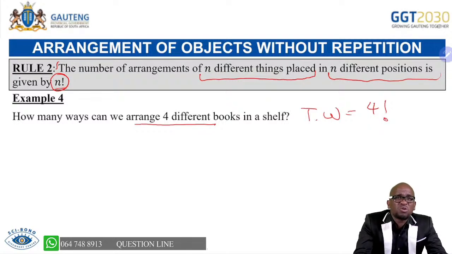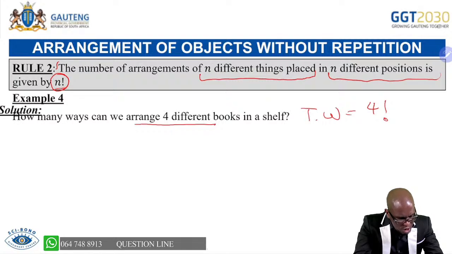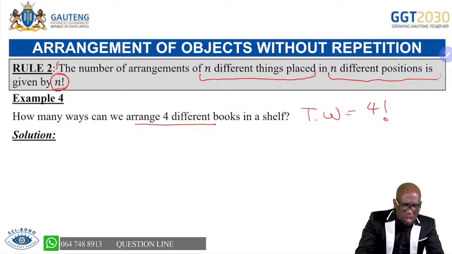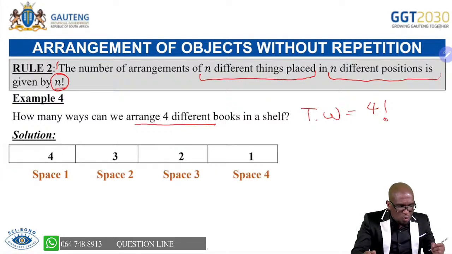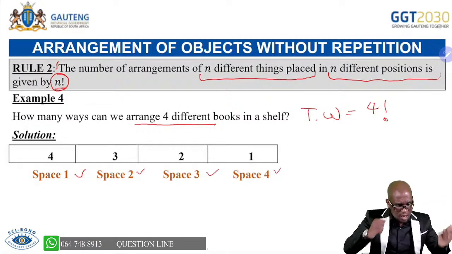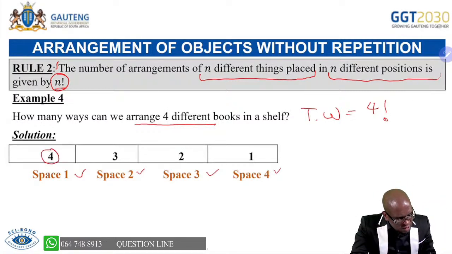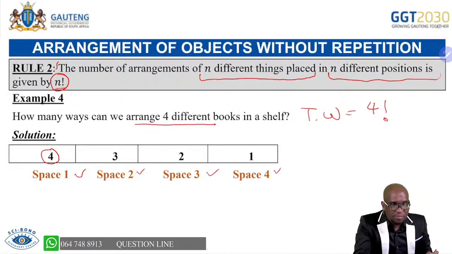But if you are going to take it step by step using the fundamental counting principle, we are going to then have to check, okay, we have 4 books and we have a shelf that can accommodate all the books. So we present the first space, the second space, the third space, and the fourth space in a shelf. The number of options for the first space are 4 because any of these 4 books can sit in space 1.